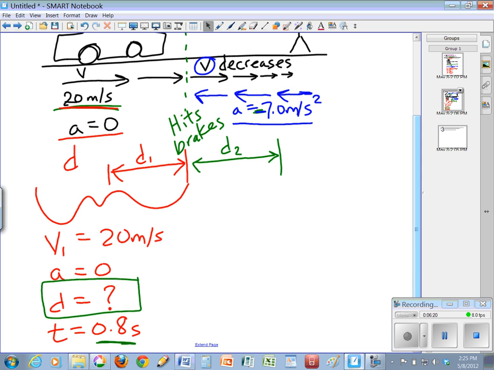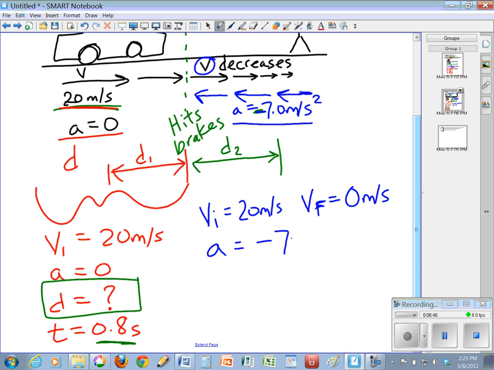Okay, we'll go back to our assignment here. The next step, we know a couple things. One, we know the initial velocity was 20 meters per second, just at the moment the brakes were applied. And we know that the final velocity, that's not a very good F, is 0 meters per second. That car is going to stop. We know the acceleration, it's in the opposite direction to motion, so it's negative 7 meters per second squared.